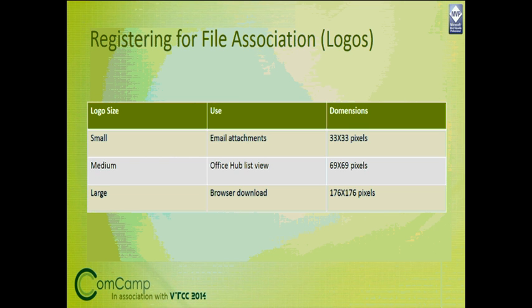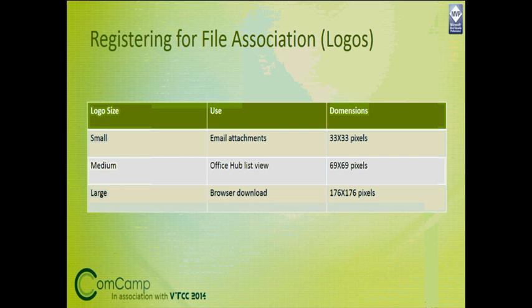This is about the logos that we saw in the previous slide. We saw there are 3 different logo types that we defined. Generally, we say small, and we define an image of, say, 33 by 33 pixels. Wherever you have an email attachment, you'll generally see these kinds of icons being shown. The same thing for medium.